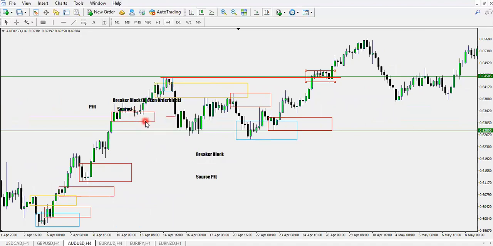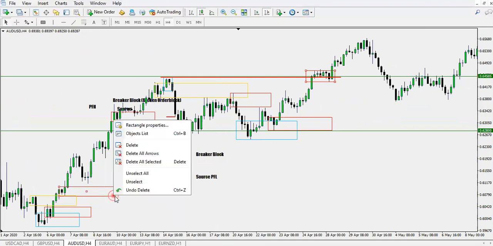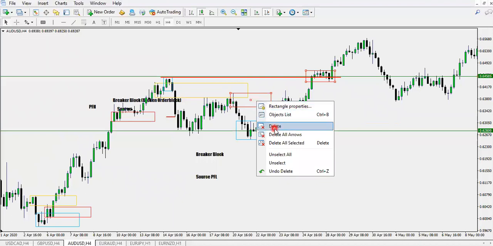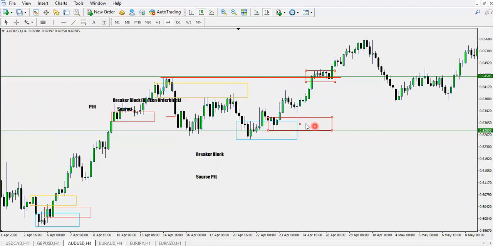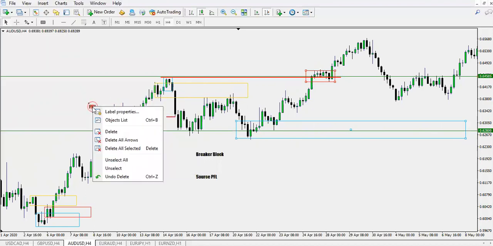Okay, so I'm just going to clean some of this up so we can have a cleaner chart. So we are basically now following price as it's created our source, okay, at the bottom over here. So this is our last source before the move upwards, and our source over here was broken.